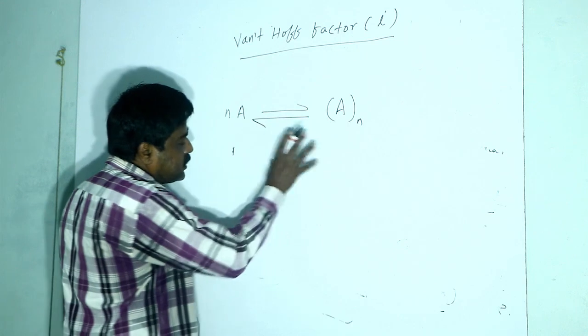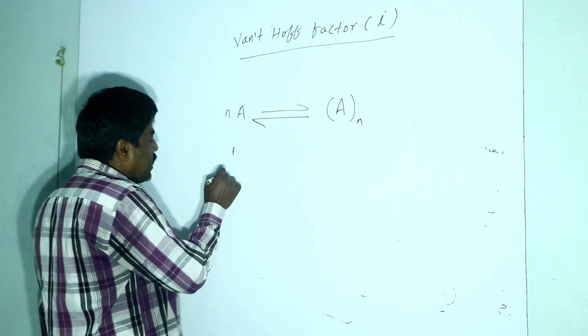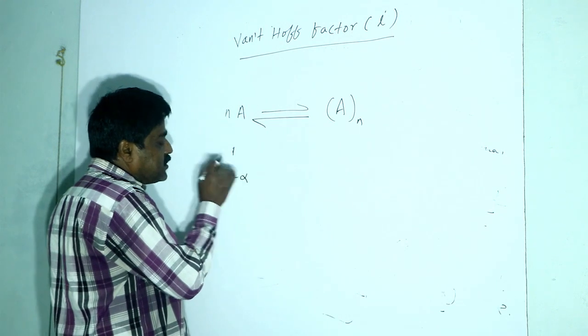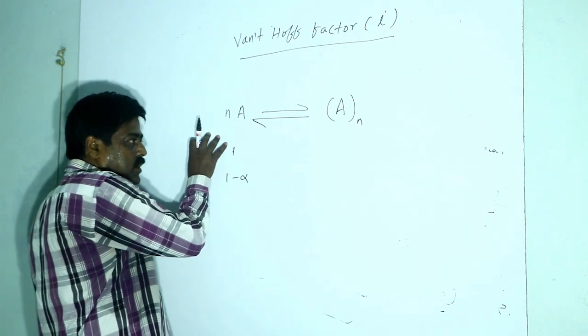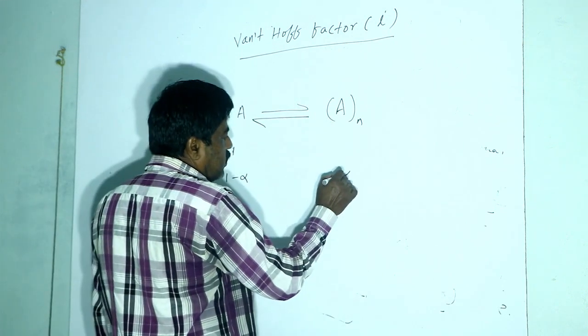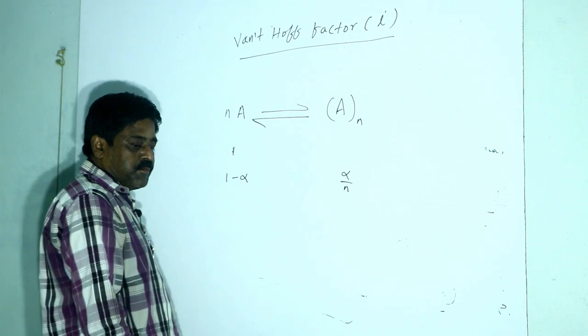Alpha is the degree of association. If you take alpha as the degree of association, then 1 minus alpha is the number of molecules present in the unassociated form, and the associated form will be alpha by n, because n molecules associate together.